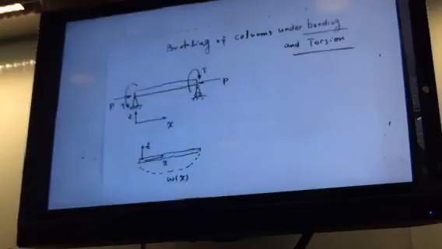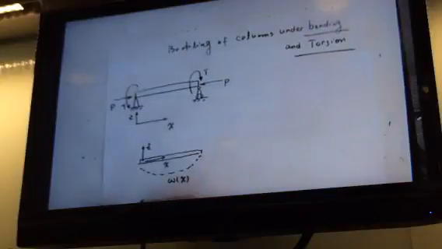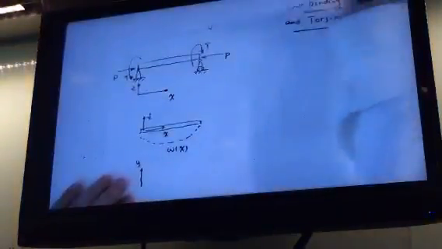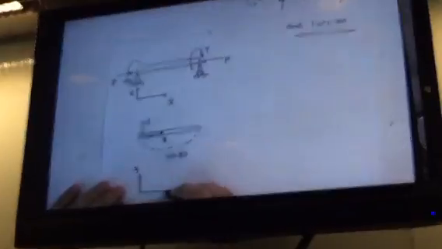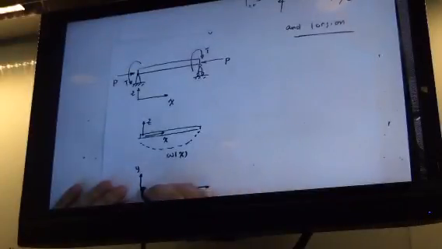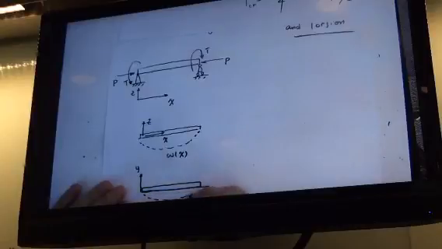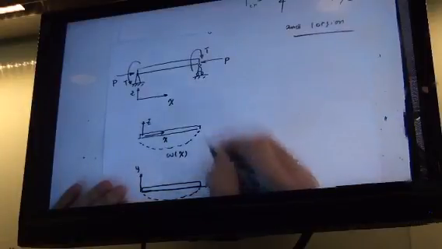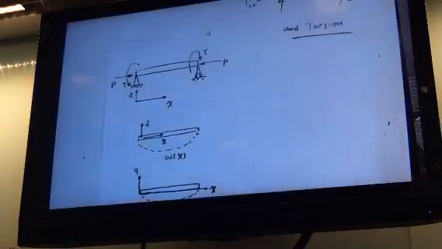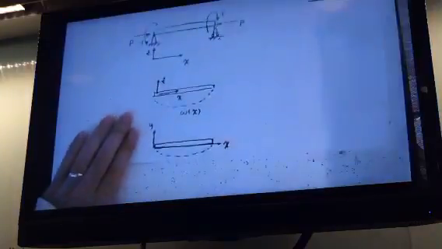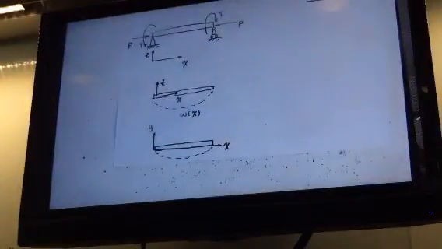This is a 3D case. So there's another situation if you look at the beam in the XY plane. This is the beam. You can also deform it like this. This picture is that you look at the beam from the front view in the XZ plane.